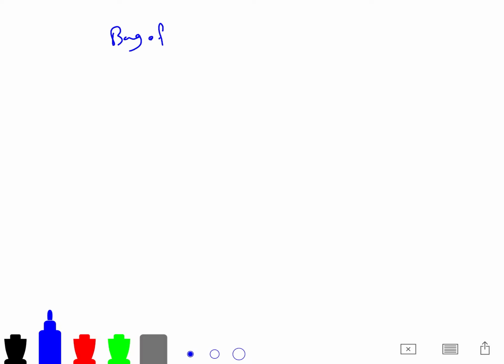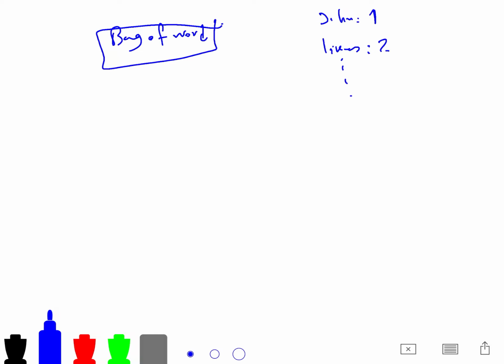You have a bag of words, and you know what a bag of words is. For example, John is 1, likes is number 2, and so on: for any word, you have the frequency and count the number of times it has been used. It's just like text to vector. You give the bag of words to the encoder.